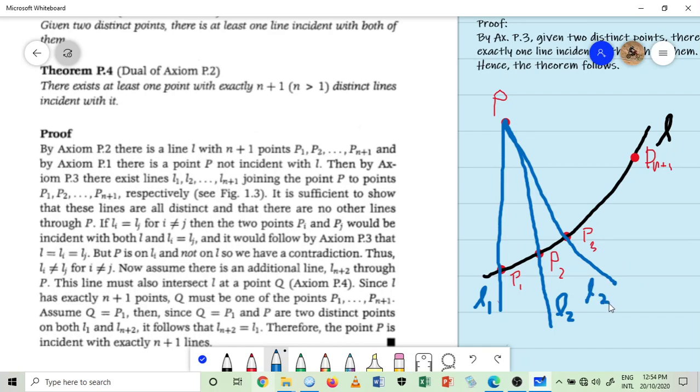Call this L sub 3 until the line passing through P and P sub n plus 1. Let us call this line L sub n plus 1. Okay, now, if these lines are different or distinct from one another, then there are n plus 1 lines passing through P.